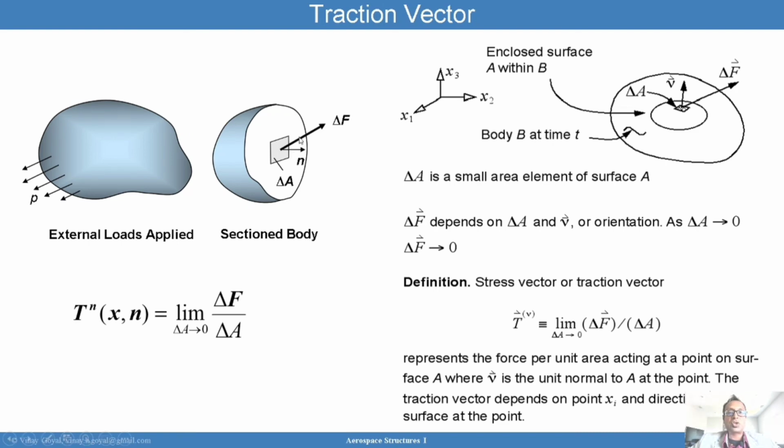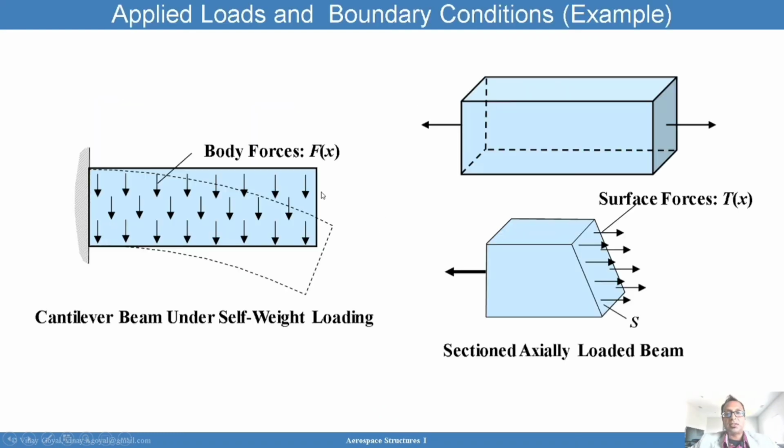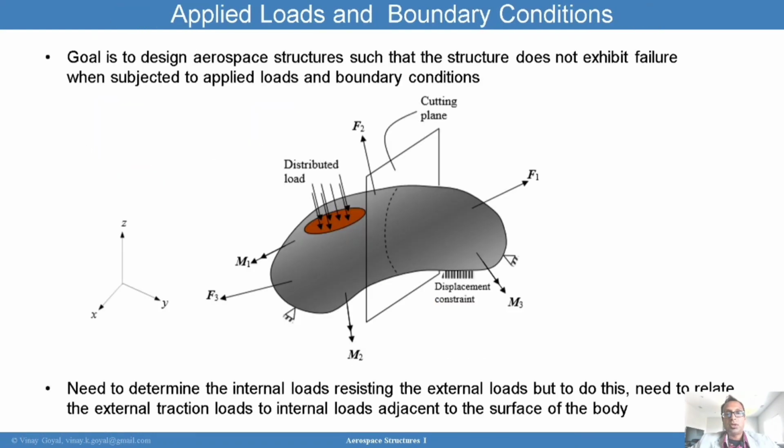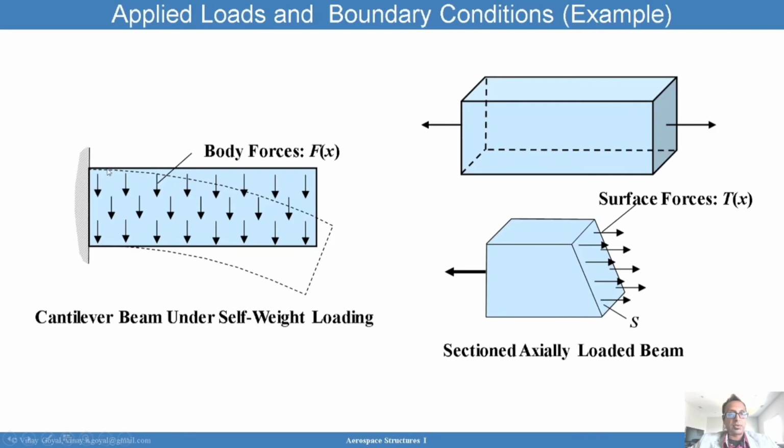I expect this traction vector to change as I move around, because if I go and study in this example, the example here is the body forces, I'll have expected the highest internal loads to be towards the surface of the material, not in the neutral axis.